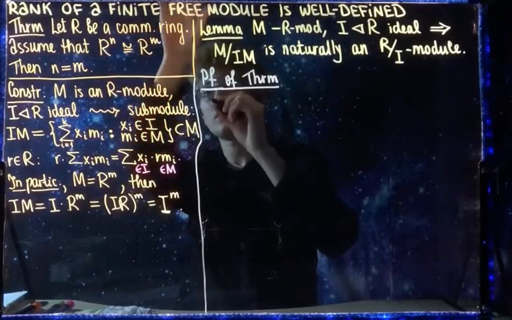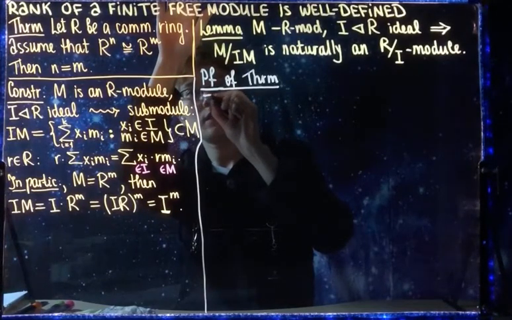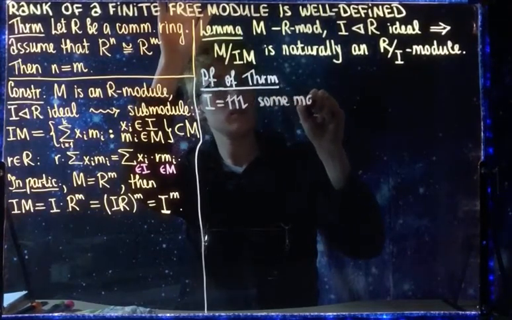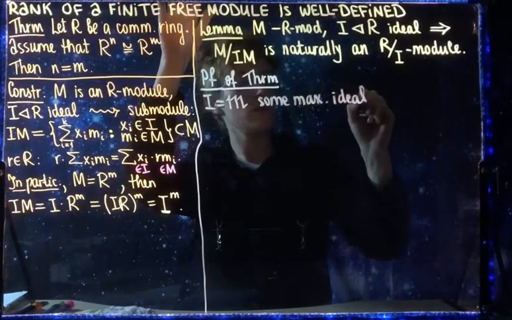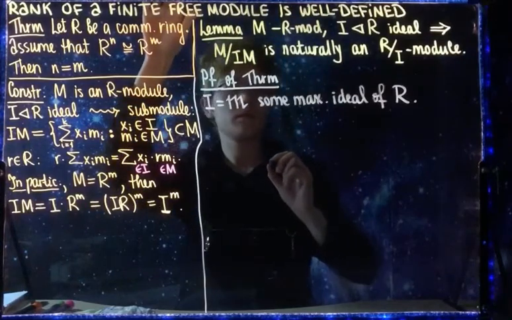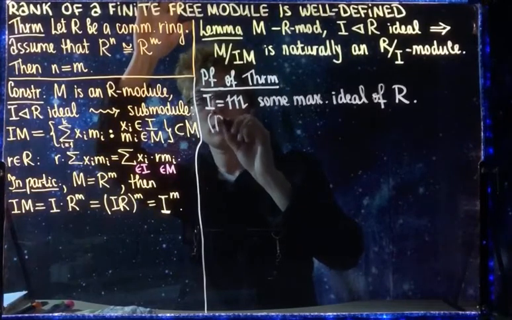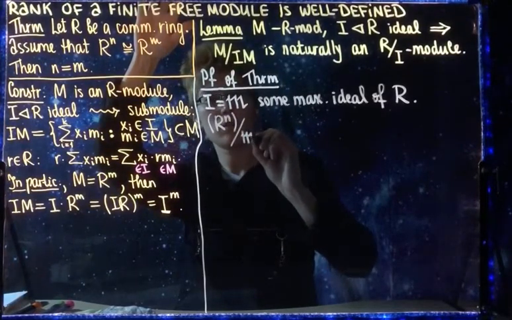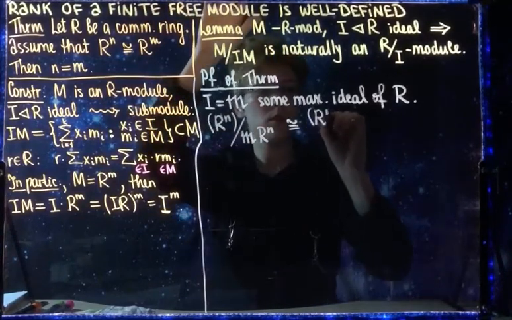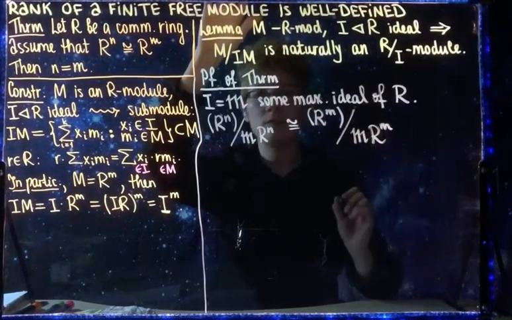And for the ideal, I take I equal to some maximal ideal m of R. Then, since these two modules are isomorphic, we have that R^n mod m R^n is also isomorphic to R^m mod m R^m.